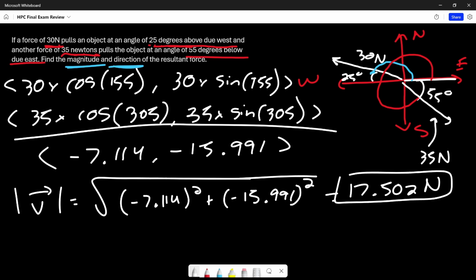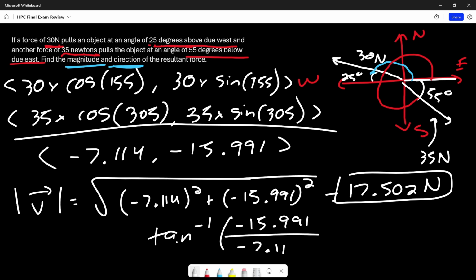Now remember, to find our direction, we're going to take the arctan of our vertical component over our horizontal component, so 15.991 over negative 7.114.